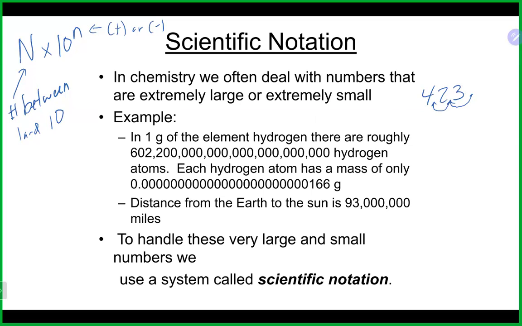And that would give us 4.23 times 10 to the 2. The 2 there on the exponent is how many places you move the decimal point to get to a number between 1 and 10. In this case, it's positive because we moved it to the left. Or if you want to remember, anything that's above 1 will have a positive exponent.